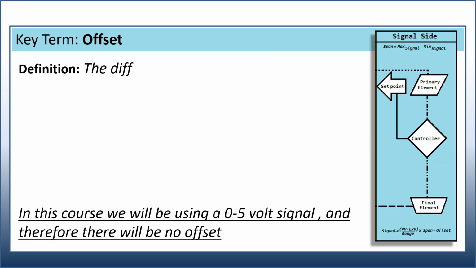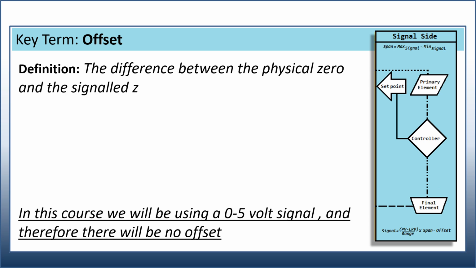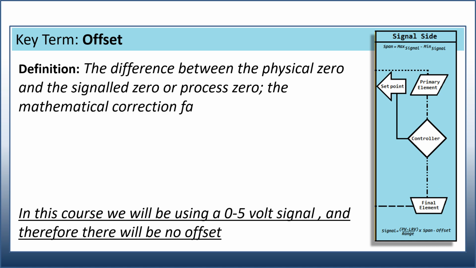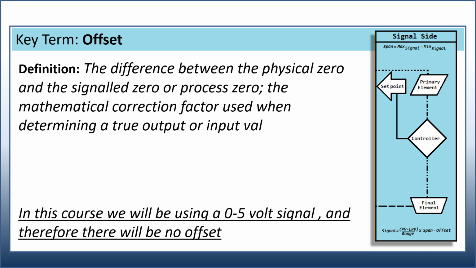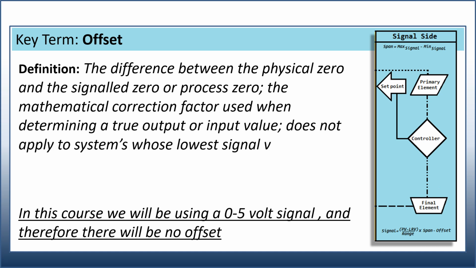This brings us to the next key term, offset. The offset is the difference between the physical zero and the signal zero or process zero. It's the mathematical correction factor used when determining a true output or input value. It does not apply to systems whose lowest signal value is zero.